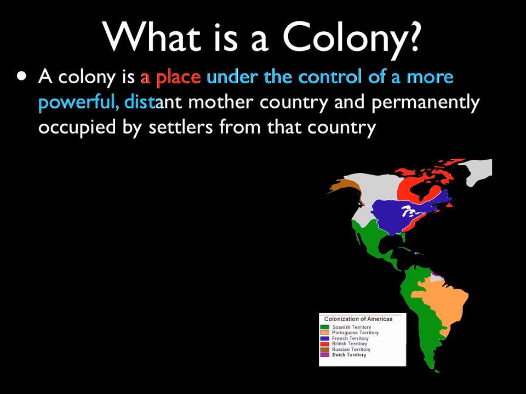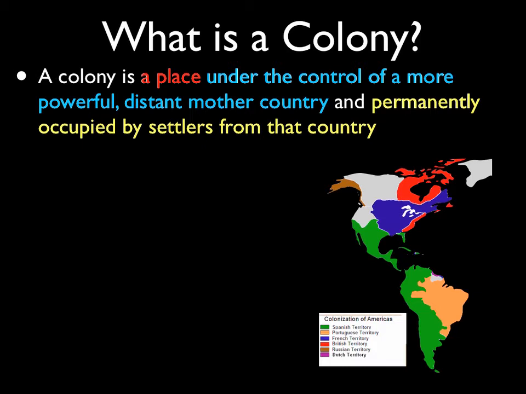And second, were these places under the control of a more powerful, distant mother country? And as we study, you should come to understand that the colonies were all under the political and economic control of rulers from their European mother countries. And finally, these places were all permanently settled and occupied by colonists from their mother country. So that condition is also satisfied.